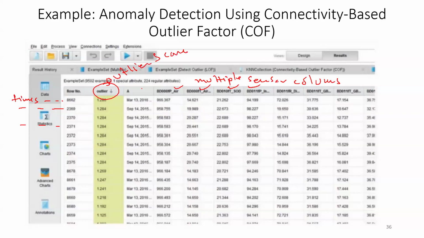The outlier score column highlights how different or disconnected a point is from its neighbors. If the score is greater than 1.0, this indicates potential anomalies.